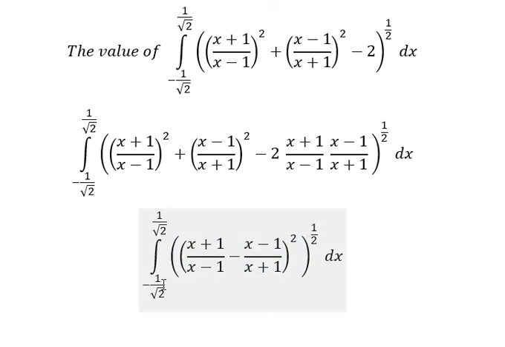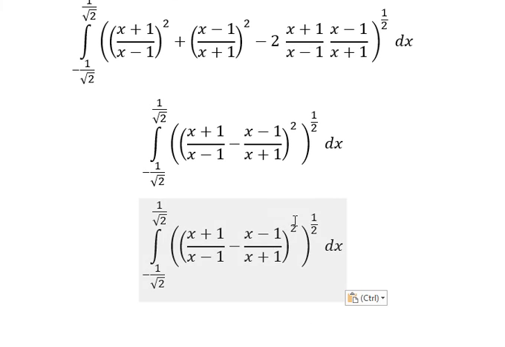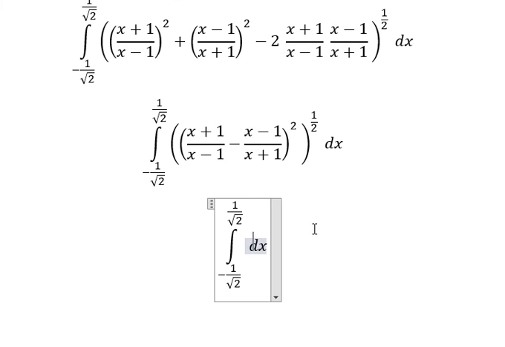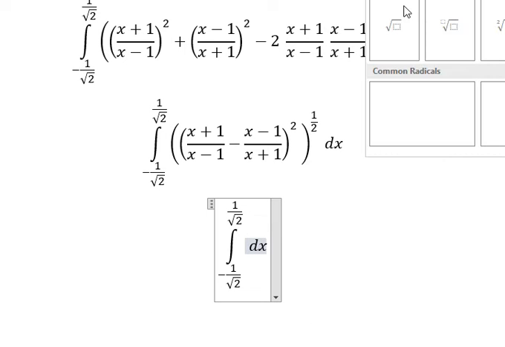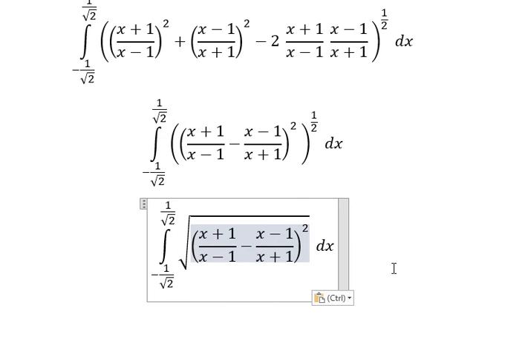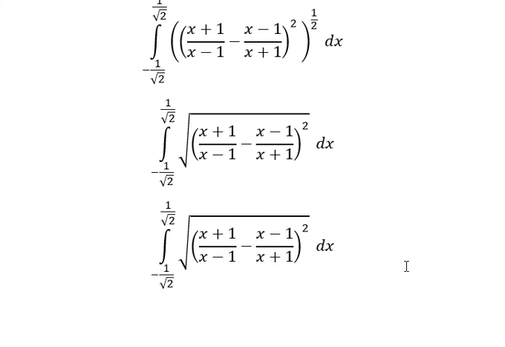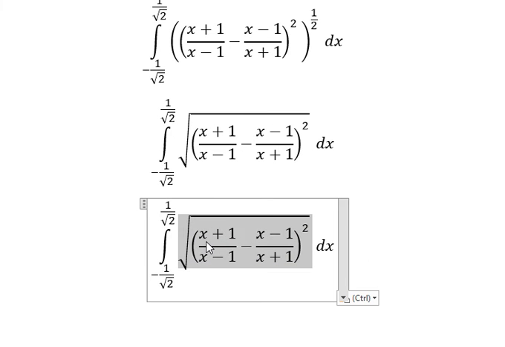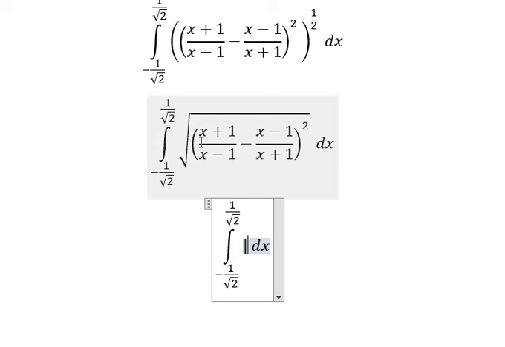We know that the power 1/2 represents the square root. And this one, I can write into the absolute value of this one.